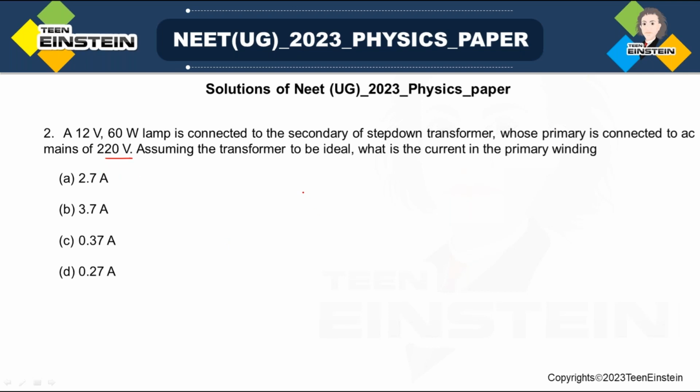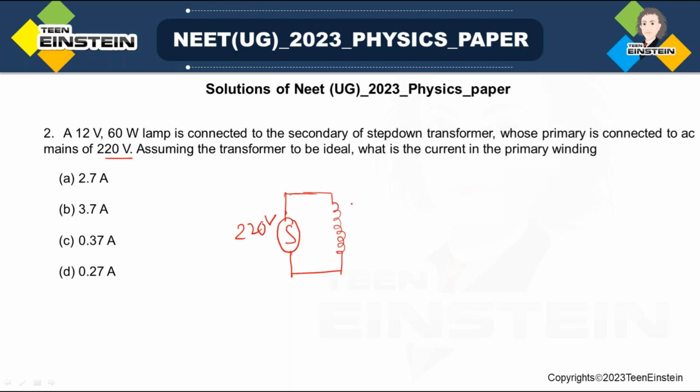I am just trying to draw the scenario. So this is a problem from transformer. This is the primary coil of the transformer whose ends are connected to AC mains of 220 volt.